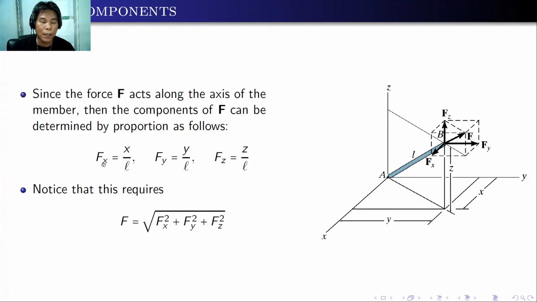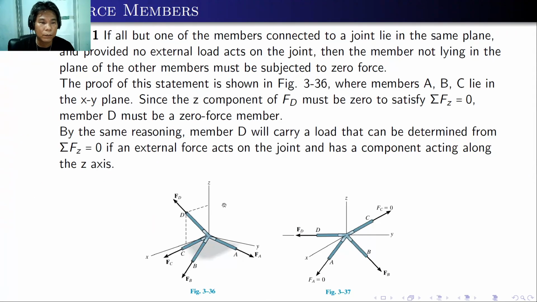By the way, sorry for that. I forgot to multiply these components by F. You need to multiply these components by F. It's not only about the proportion x over L. It's important to multiply it by F.